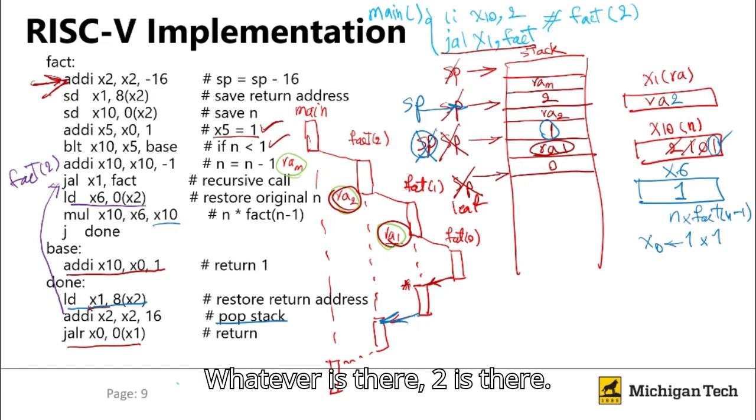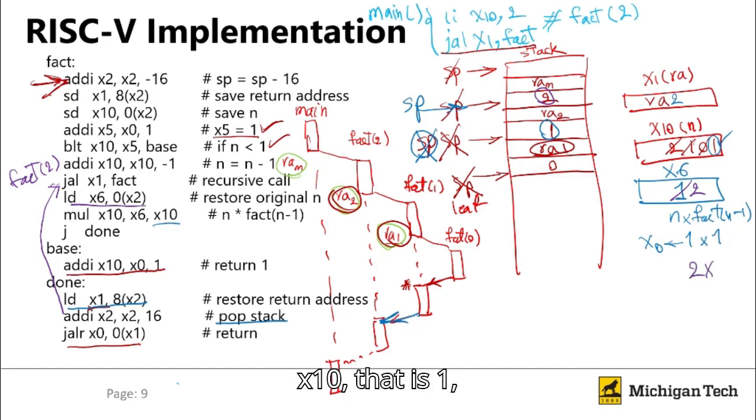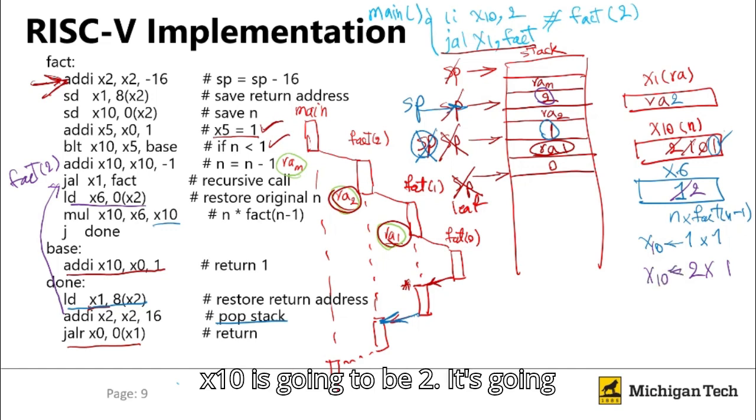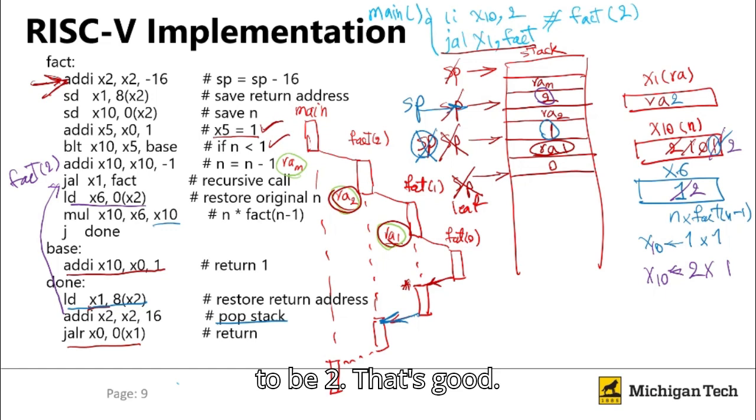Whatever is there, 2 is there. We read that and put it in x6. We multiply x6 by x10. So we multiply 2 and x10, which is 1, and put that in another x10. So the new x10 is going to be 2. That's good.